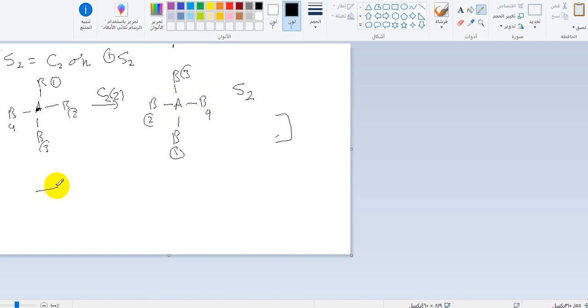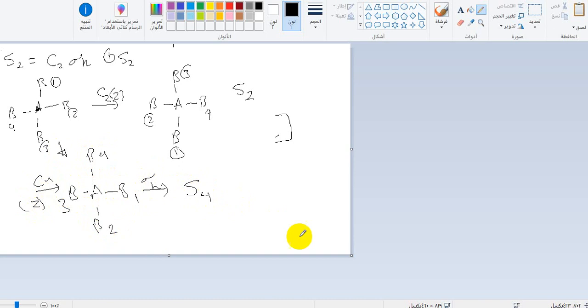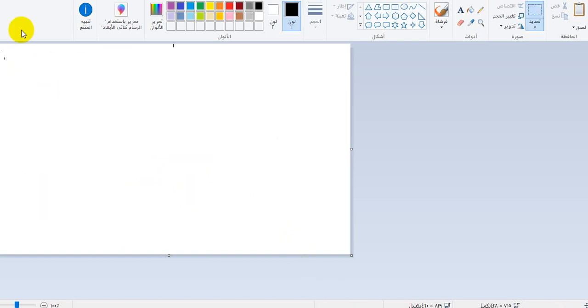And when we take C4, A, B, B, B, B, from here this is 1, 2, 3, 4, C4 on the z-axis. Don't forget, and sigma h on the same level gives S4. Okay, the last symmetry operation is inversion.